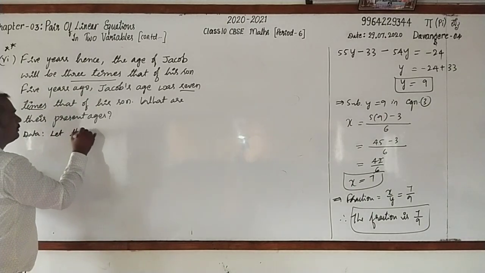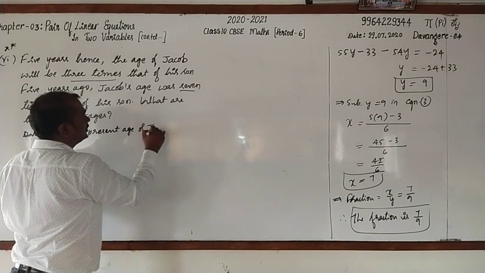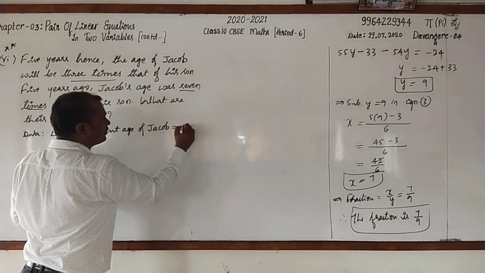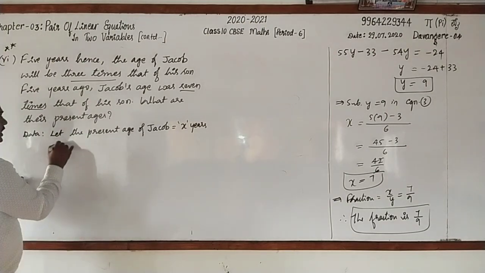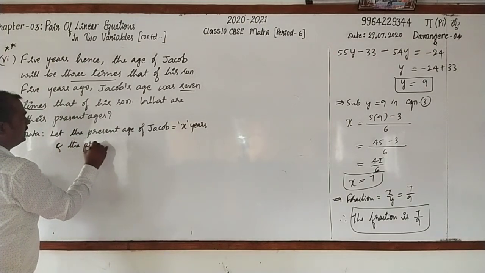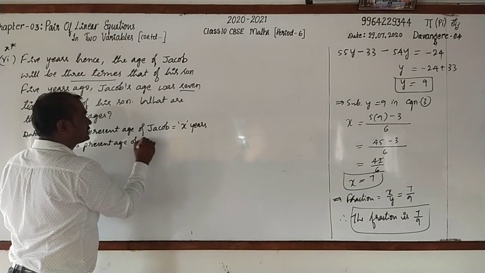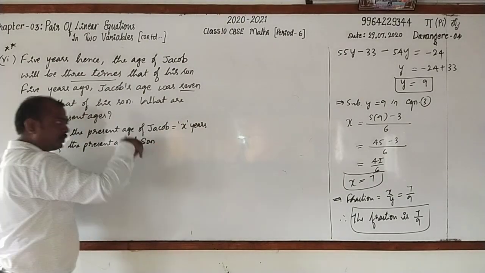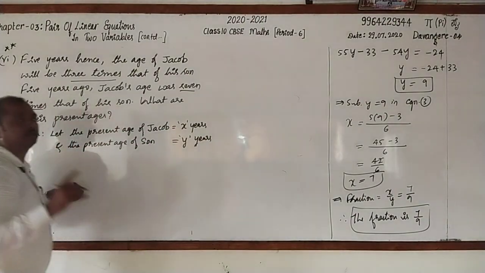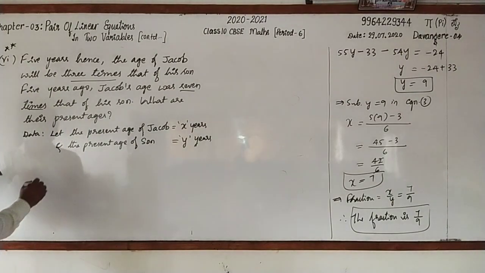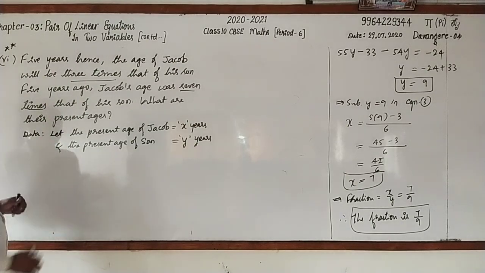Let the present age of Jacob be x years, and the present age of Jacob's son, call it y years. There are 2 situations. One is 5 years from now. Here I will write.